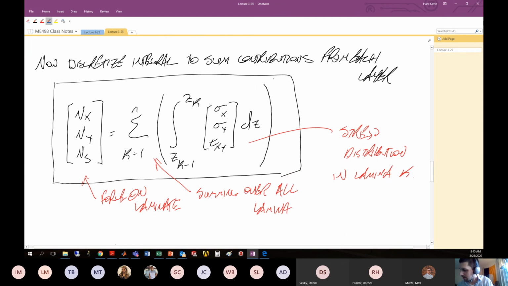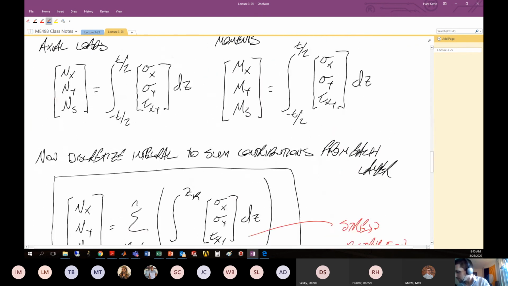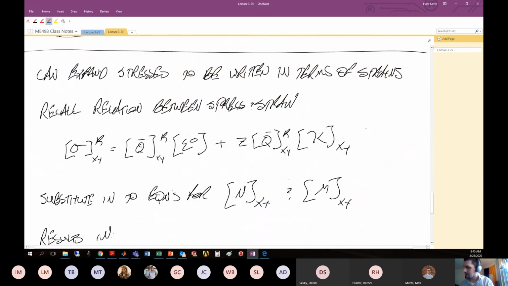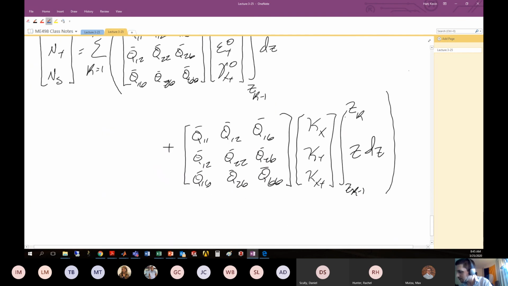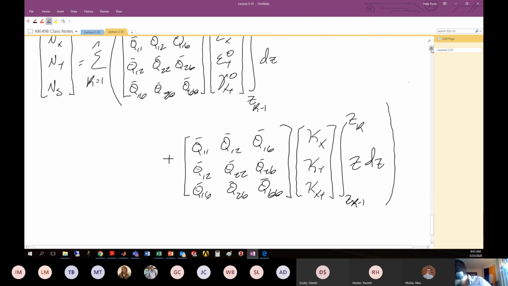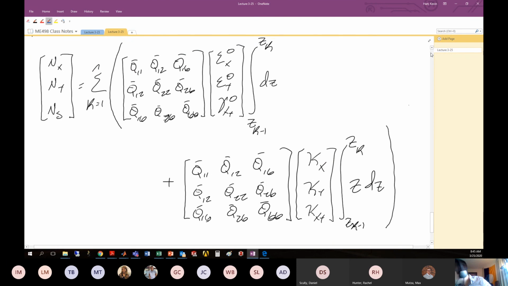We've taken this equation here, which relates the applied loads to the stresses, and utilized the substitution of this equation into that expression to give us this sort of full-blown equation relating the applied loads, Nx, Ny, and Ns, to the strains and curvatures that are developed in the laminate, given the individual stiffnesses of the individual layers.